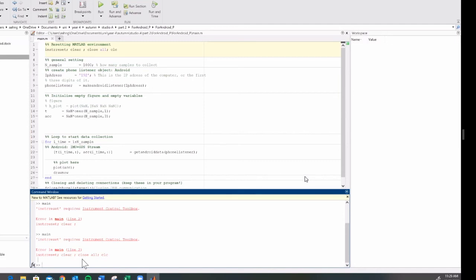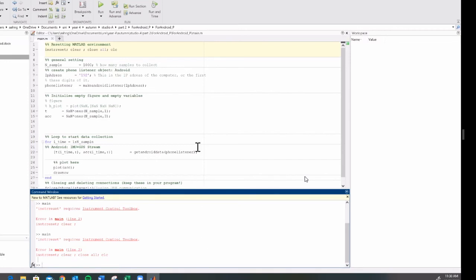So you didn't install the specific toolbox, the Instrument Control Toolbox. You just rerun your installation program, and it will ask you what you want to do. You just say you want to install another toolbox.